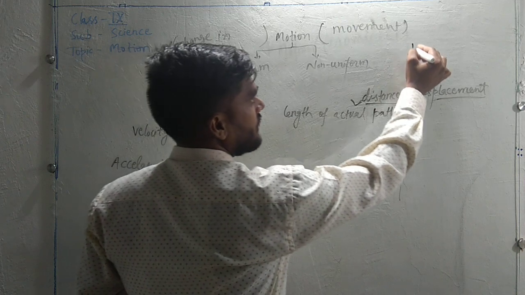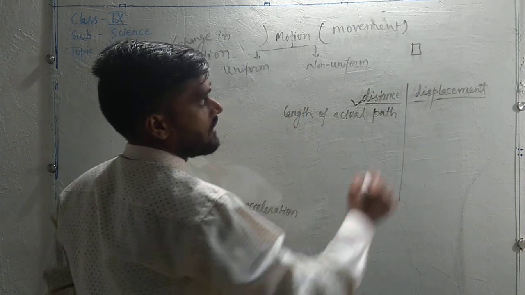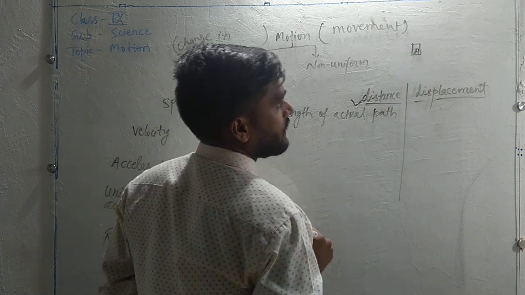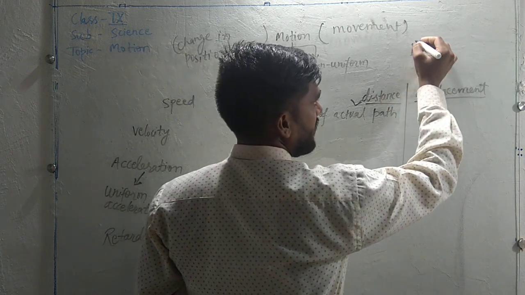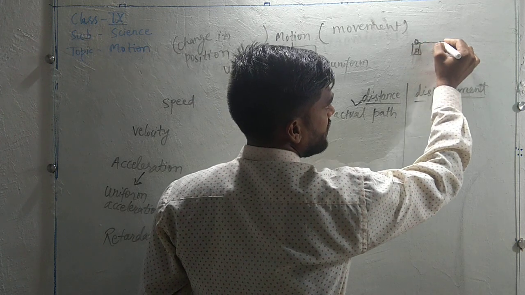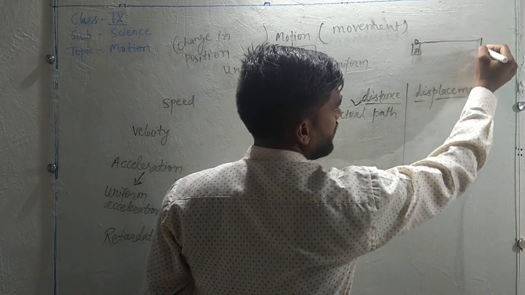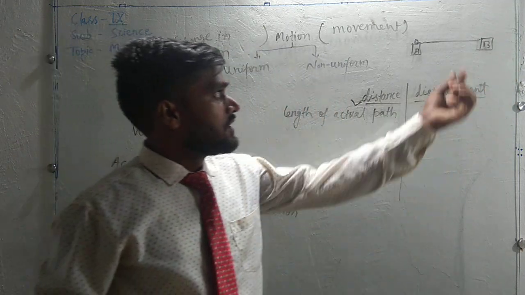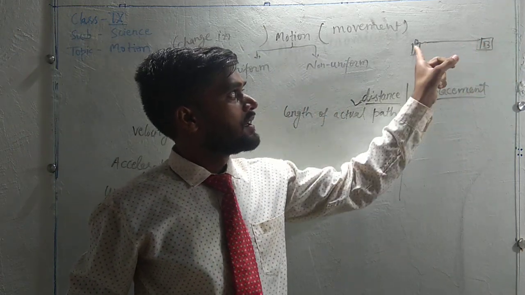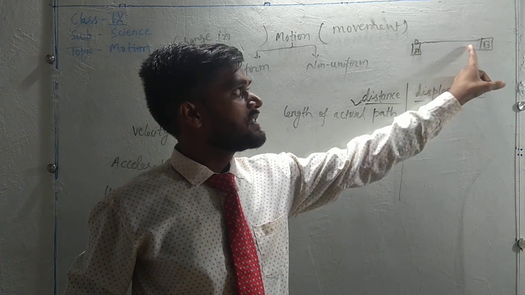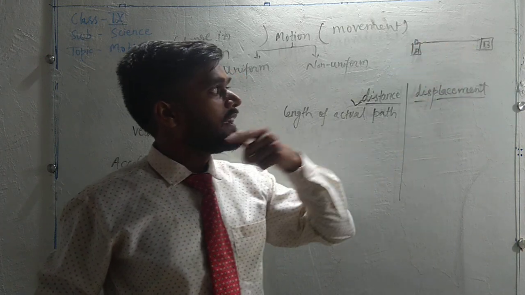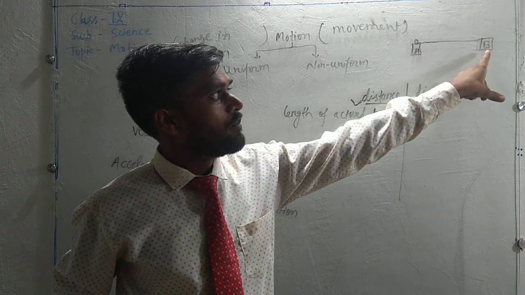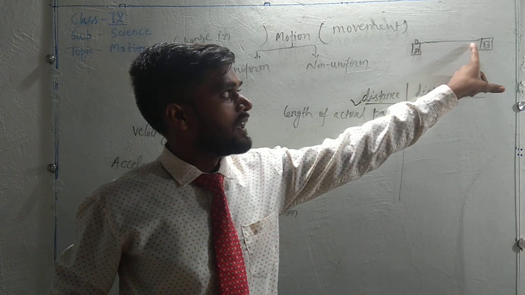Let it be a position A where an object is there, and that object moves on this straight line and reaches a place B. So in that duration, this object is in motion and it has changed its position from A to B along this path.